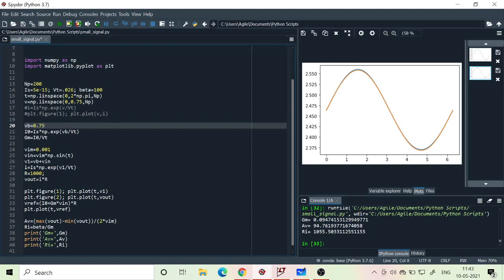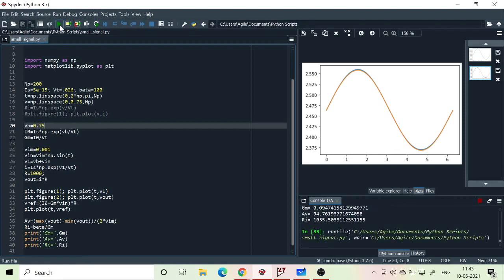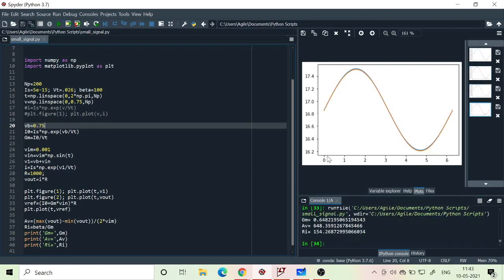But if I go to 0.75, then my voltage is going from 16.2 to 17.4. So it's like a 1 volt change at the output. The variation of the voltage is 1 volt, and my linear approximation holds.